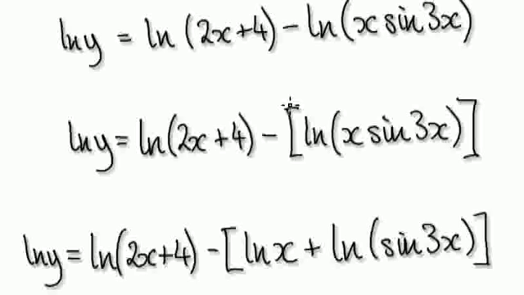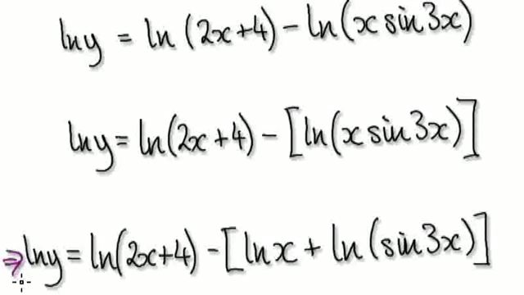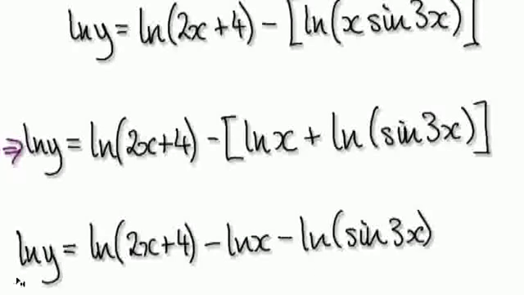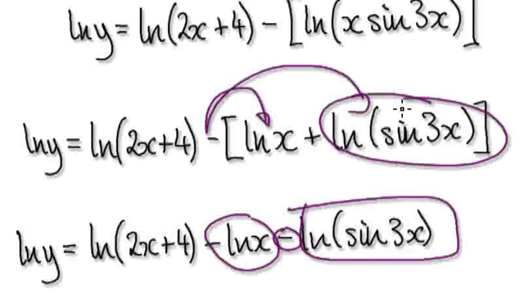Bear that in mind because it's important that you insert the brackets here. Okay, and then anyway, we are currently here at the moment. So now this then gives us negative log of x, and then this then gives us negative this thing here.